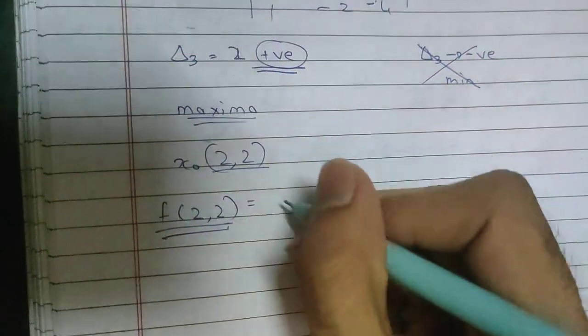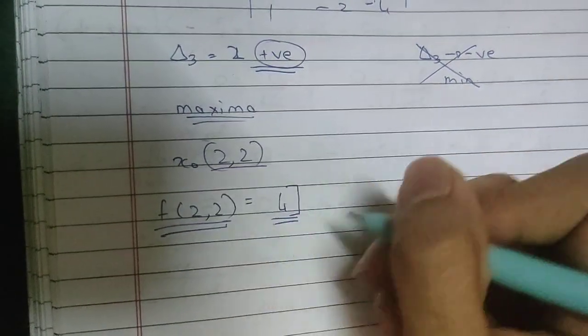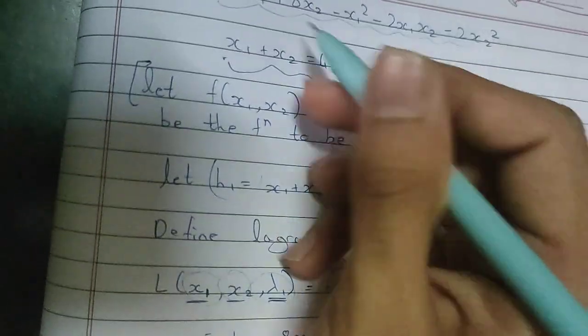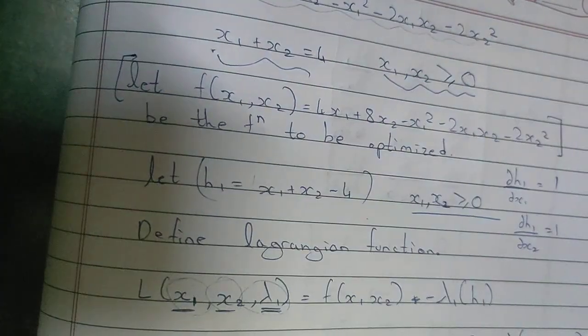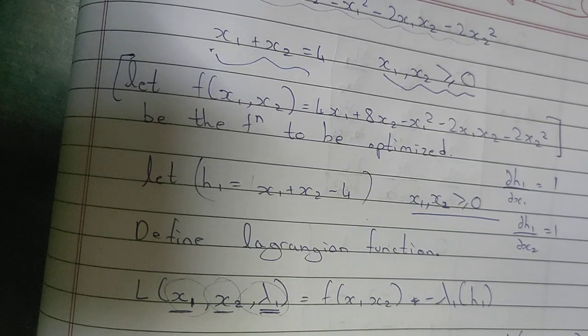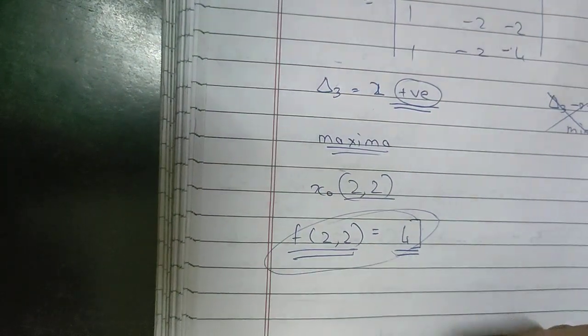This is the maximum value while still obeying the constraint. Based on the given constraint that x1 plus x2 should be equal to 4, that is 2 plus 2, which is 4, correct? So based on that constraint, the maximum value of the function is 4, and that's the answer.